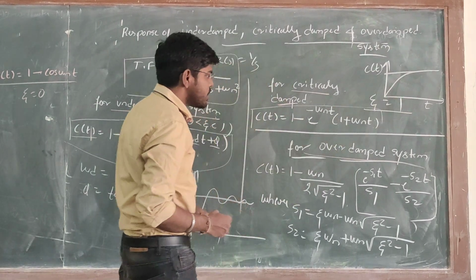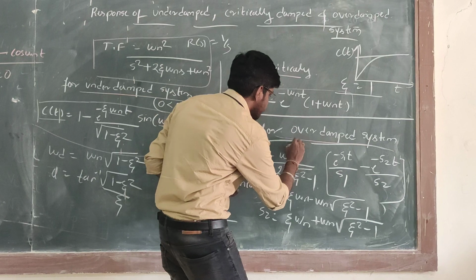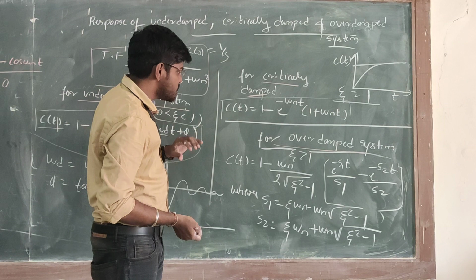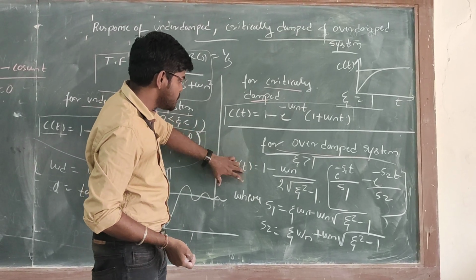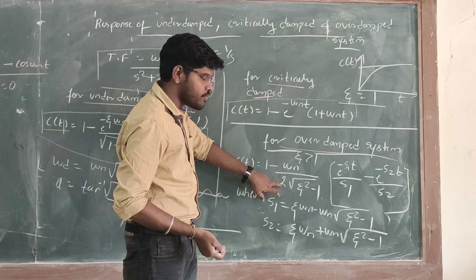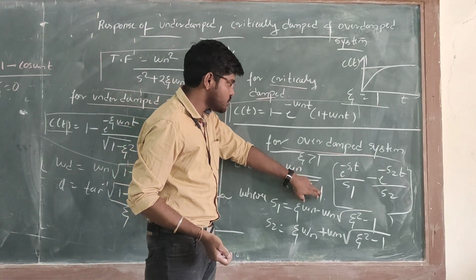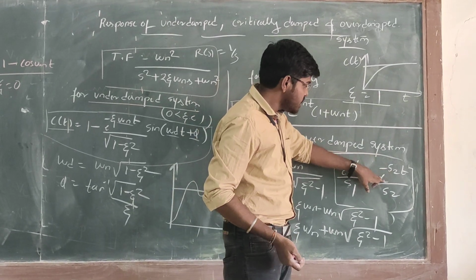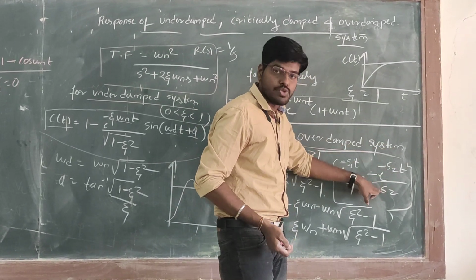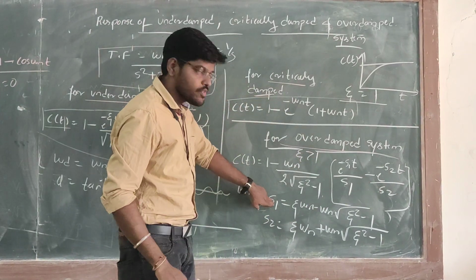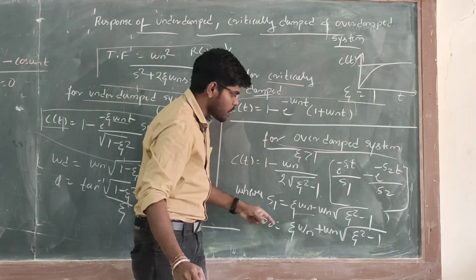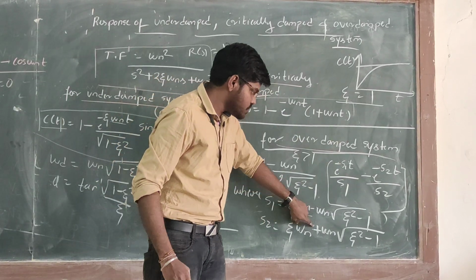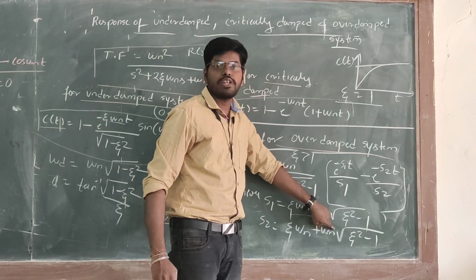Next, for the overdamped system, we know that the value of damping factor is greater than 1. For this damping factor, if we derive, the response of the system will be c of t equals 1 minus omega n divided by 2 zeta square root of zeta square minus 1, into bracket e raised to minus s1 t divided by s1 minus e raised to minus s2 t divided by s2, where s1 equals zeta omega n minus omega n into square root of zeta square minus 1, and s2 equals zeta omega n plus omega n into square root of zeta square minus 1.